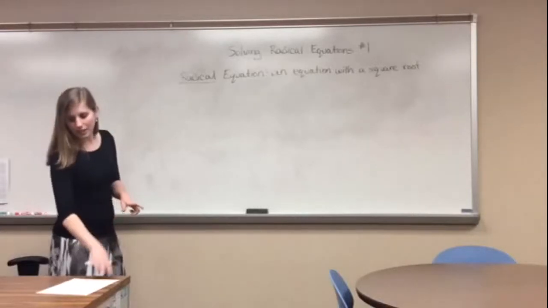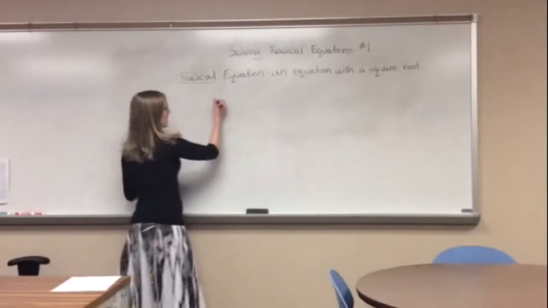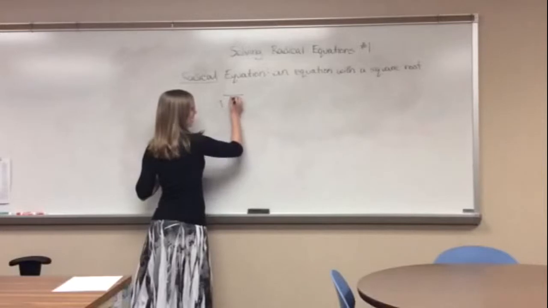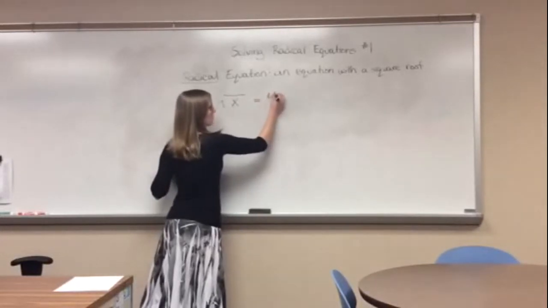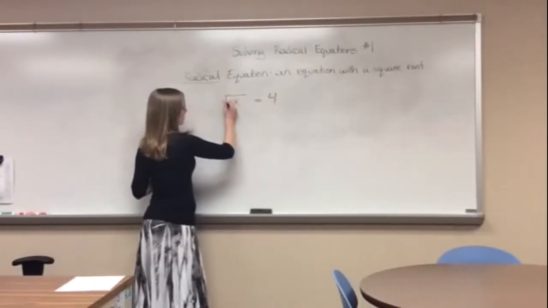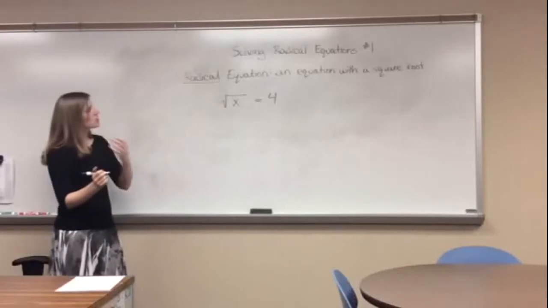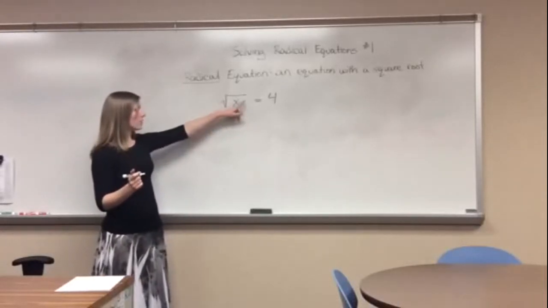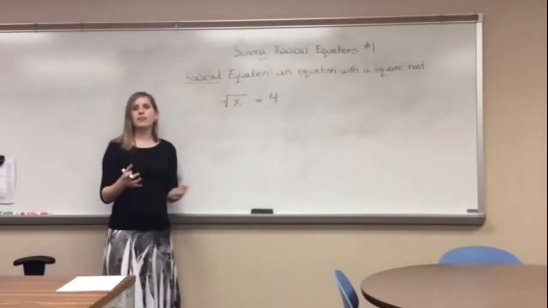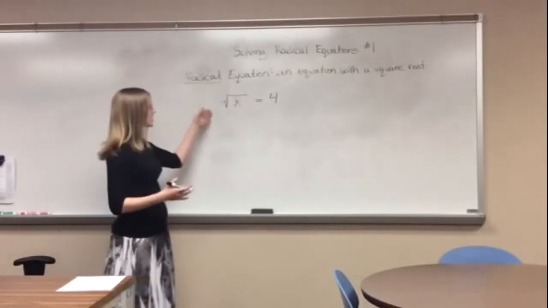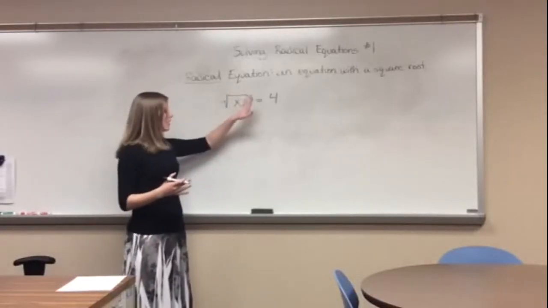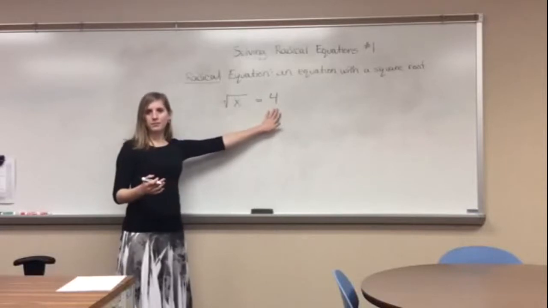So if we're going to take a look at the first example, we just have the square root of x equals 4. And I just want to talk about this radical equation for a moment. What we're looking for is x, and we're trying to figure out what number, when I take the square root of it, am I going to get 4?